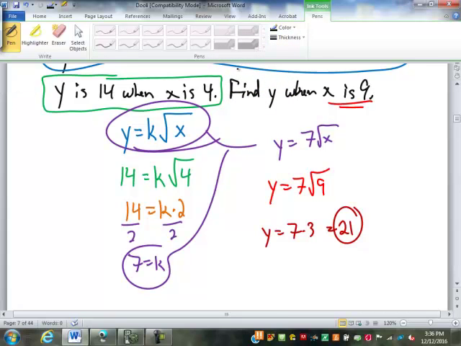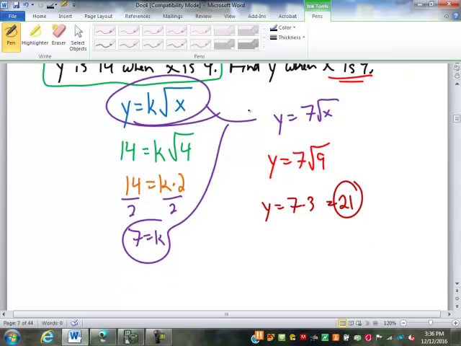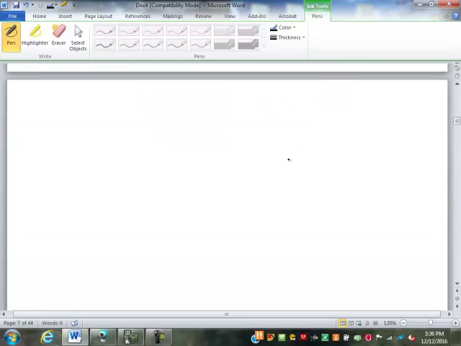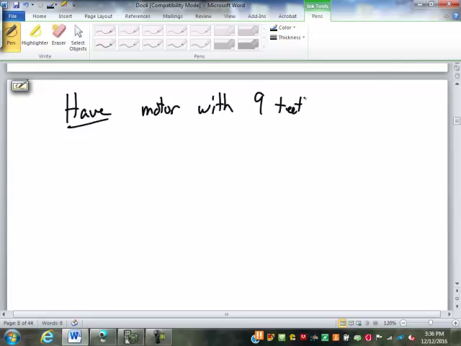Some examples of direct variation. We saw some examples in the last hour with the gear size and pulley size. If you know you need a certain gear ratio, what's it going to be? Well, let's say you currently have a motor with 9 teeth, and let's say we're running a conveyor with it.